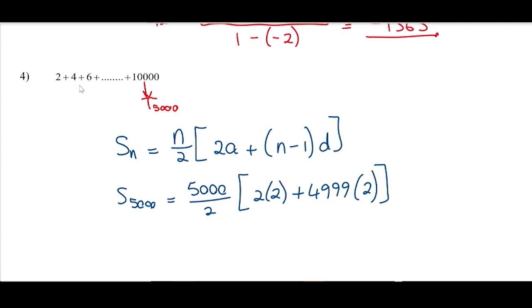D is any term minus the term before it. If I put all of that into a calculator, I get 25 million and 5,000.